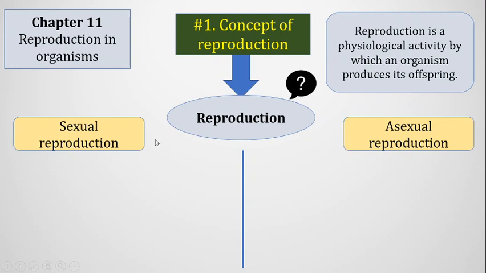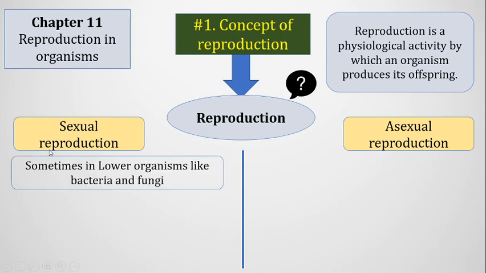Now we will discuss in which organisms we see sexual reproduction and in which organisms we observe asexual reproduction. Sexual reproduction happens sometimes in lower organisms like bacteria and fungi. They usually don't undergo sexual reproduction, but sometimes they employ this mechanism.